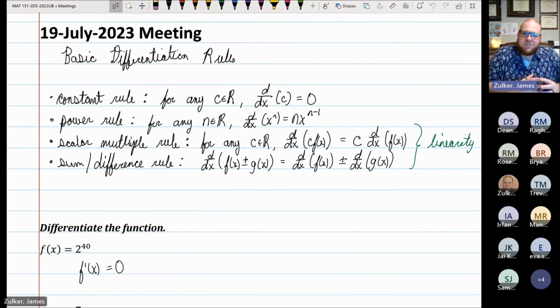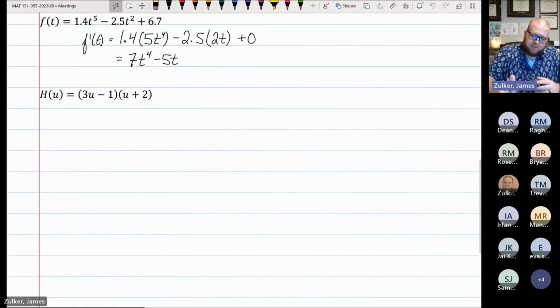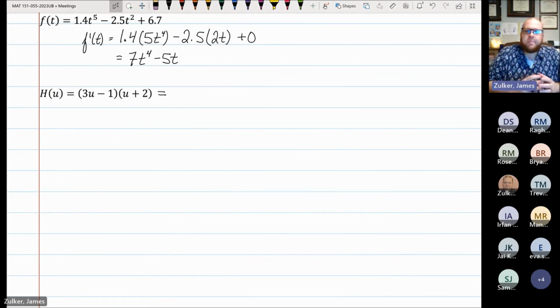So that means what we have to do first is expand it out. 3u squared plus 5u minus 2. Now we can take its derivative.